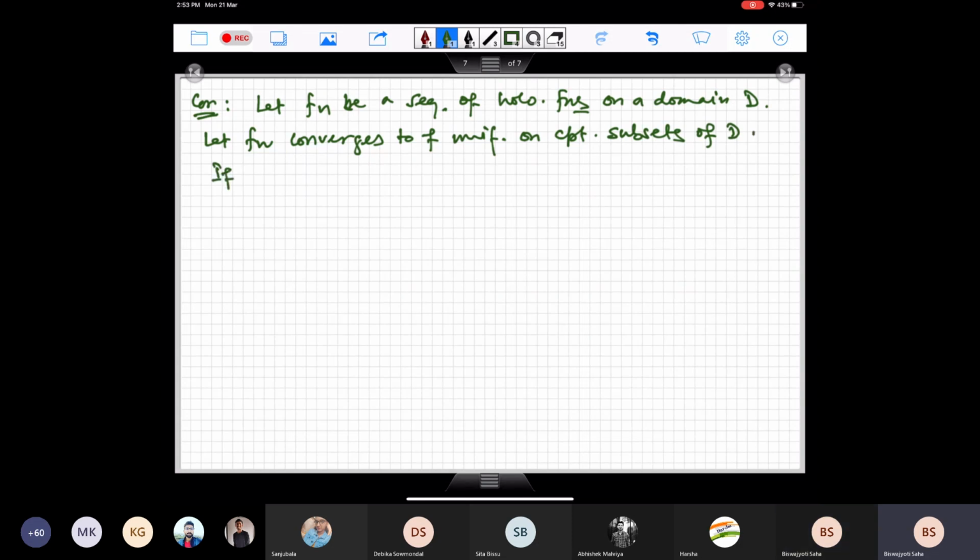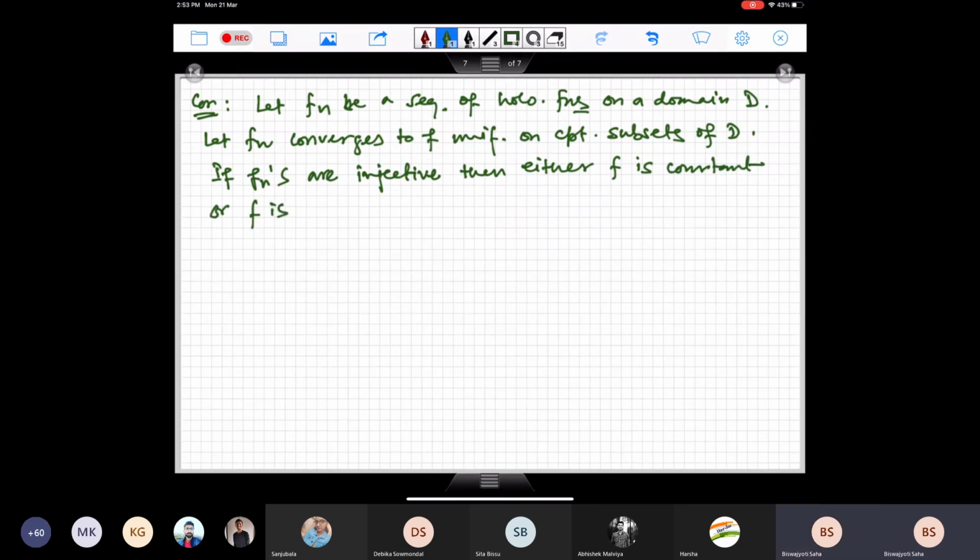if Fn's are injective, that means one-one functions, then either F is constant or F is injective. Okay, so I can have a scenario where, for example, I take Fn equal to z by n.